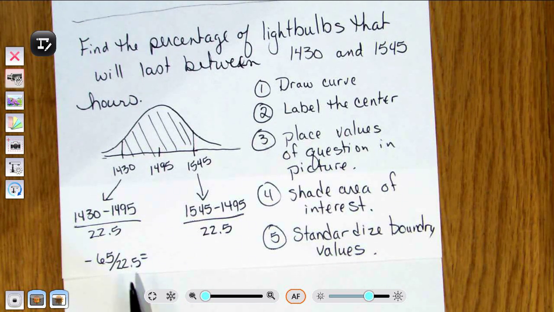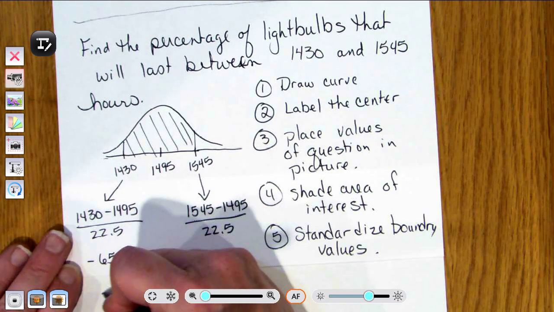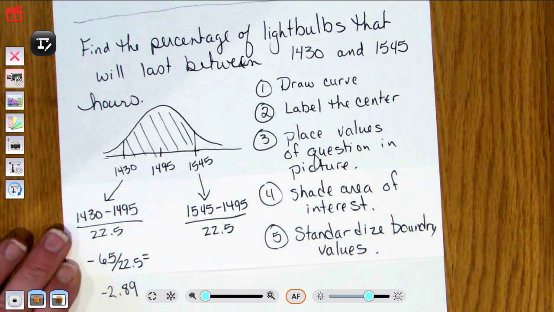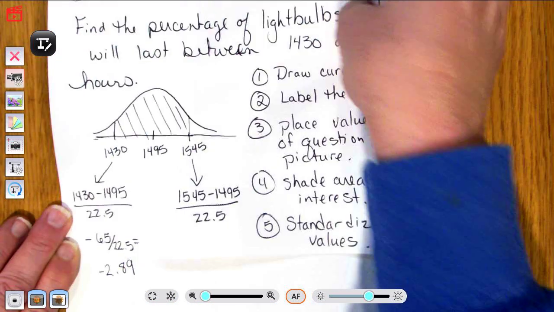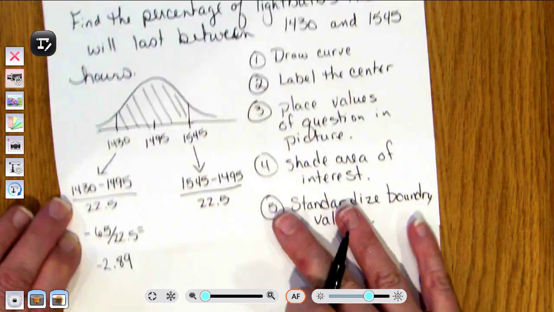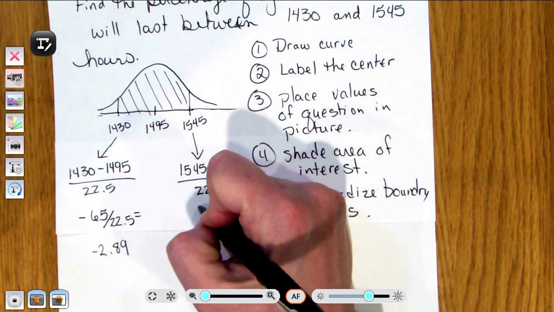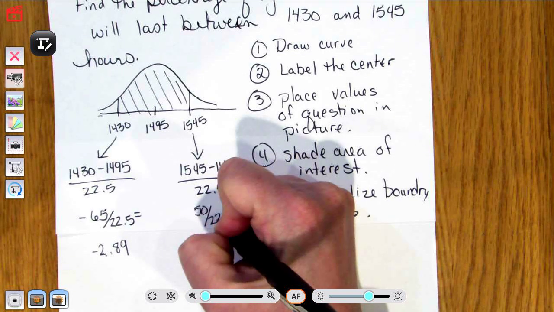That's all it tells us. And then dividing by 22.5, I get a negative 2.88888. So rounded to 2 decimals is a negative 2.89, sorry. 1545 minus my 1495 gives me 50 divided by 22.5.